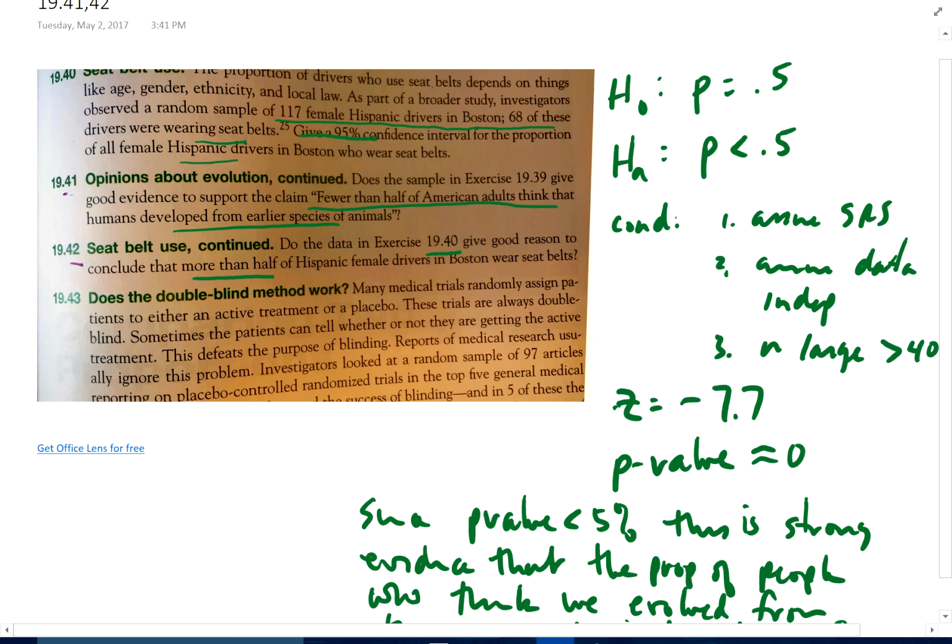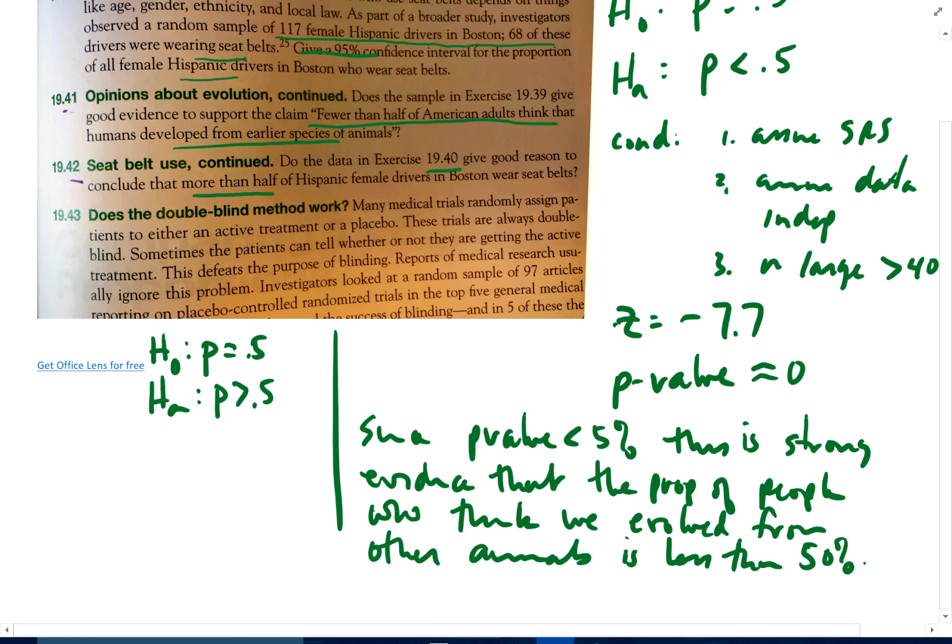Okay, so we don't have to give the confidence interval. We just want to answer this question. So H0, we're going to assume p is 50%, and HA, we want to know, do we have evidence that p is greater than 0.5? And what's my sample here?